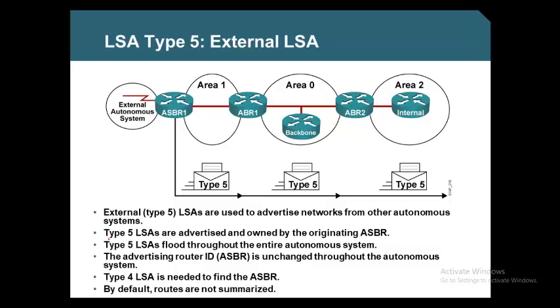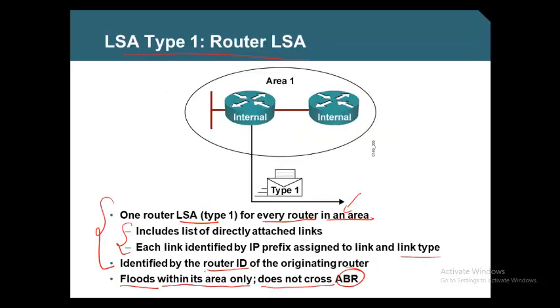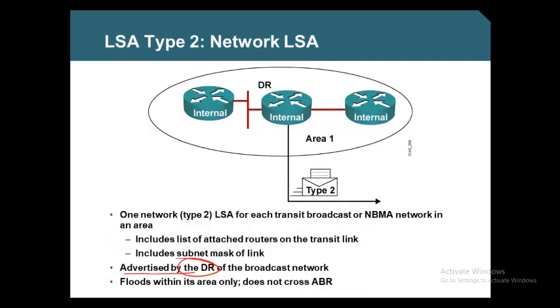LSA type 1 is router LSA. It originates from every single area and it is local to the area. LSA type 2 is network LSA. It originates from the DR. This is also local to the area. Type 3 LSA is summary LSA. It brings the network information of one area to the other area.